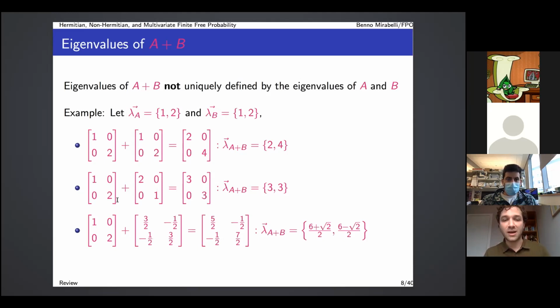All of these matrices that I'm adding together are Hermitian matrices, and yet the eigenvalues of the sum in the first case are 2 and 4. The eigenvalues of the sum in the second case are 3 and 3. And in the third case, I get this. So just knowing which unitarily similar equivalence class my original matrices started in is not enough to know what unitarily similar equivalence class their sum ends up in.